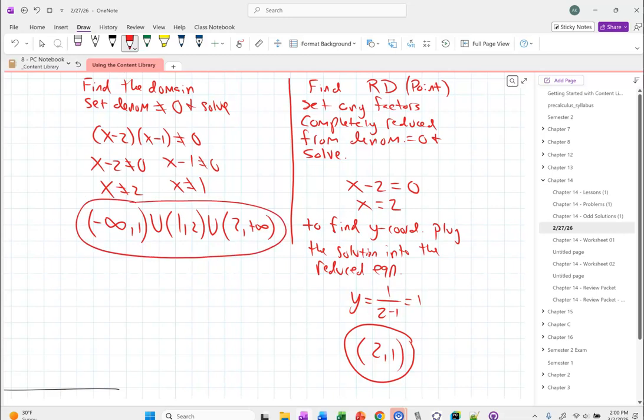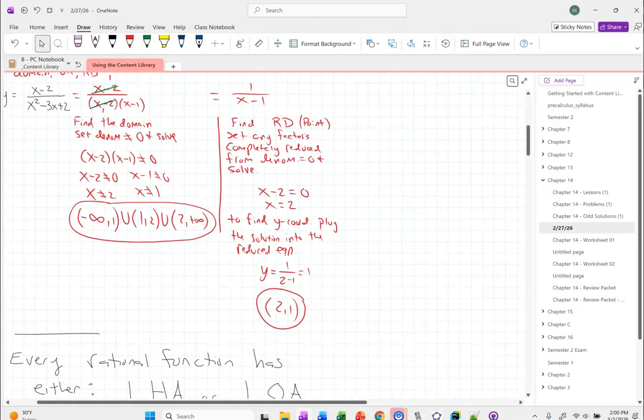So our answer here should be the point (2, 1). Does everybody feel okay here? Good? Okay.